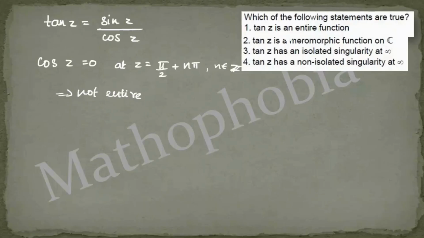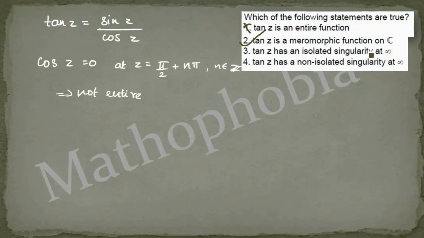So option 1 is wrong. So tan z is a meromorphic function கேட்டிருக்காங்க option 2ல. It has poles ன்றனால it's meromorphic function. So therefore option 1 is wrong and option 2 is correct.